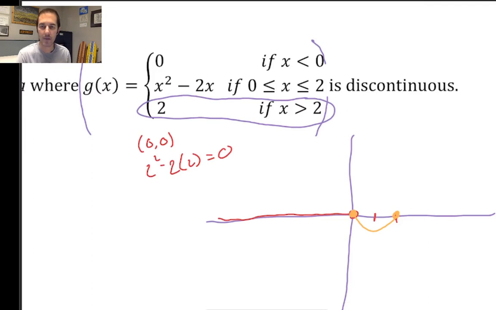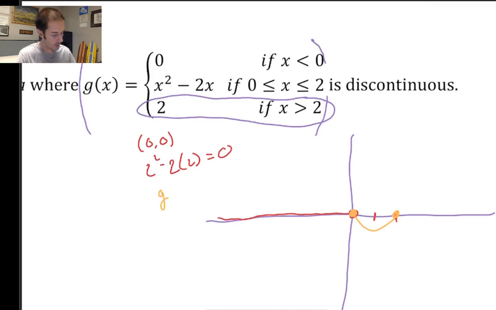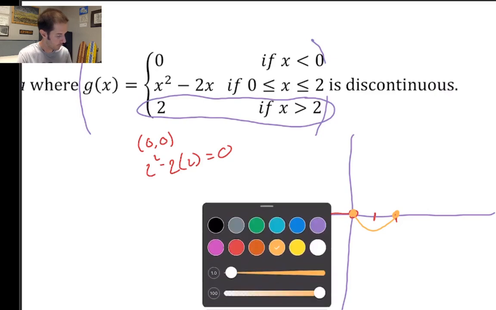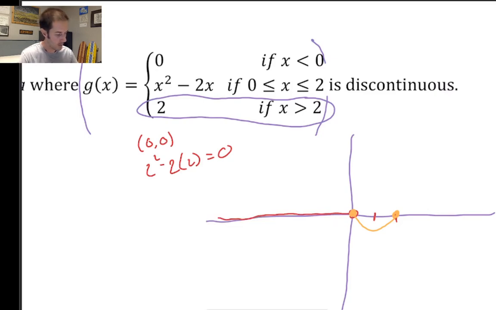If we take an x value that's larger than 2, let's say 3, and we plug it into this function g of x, so g of 3, I shouldn't be using orange. I need a different color again. Let's use green. G of 3 is equal to, well, for any x value that's greater than 2, this function is going to return a y value of 2. So g of 3 is equal to 2.